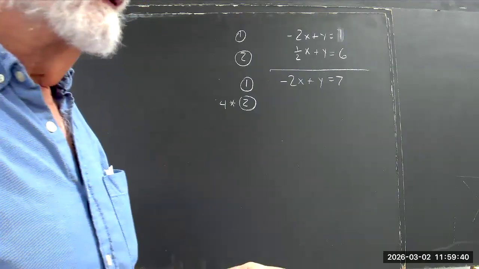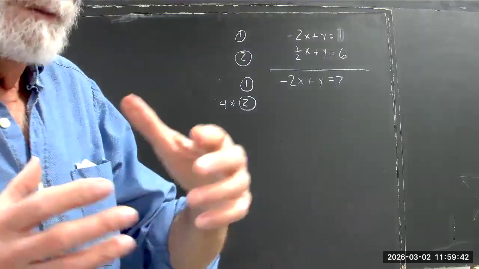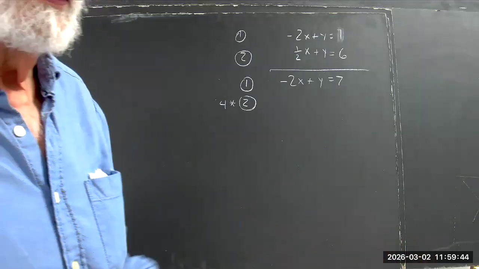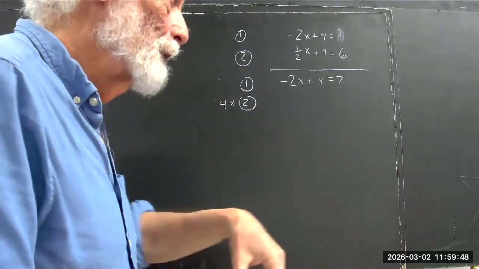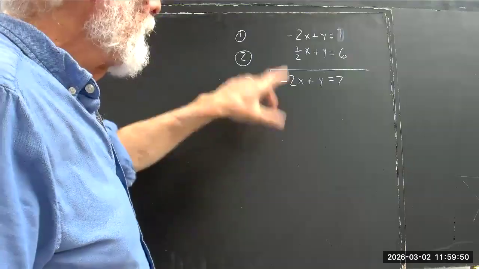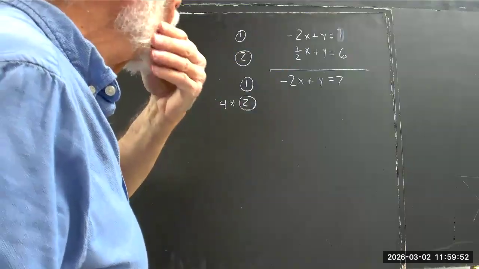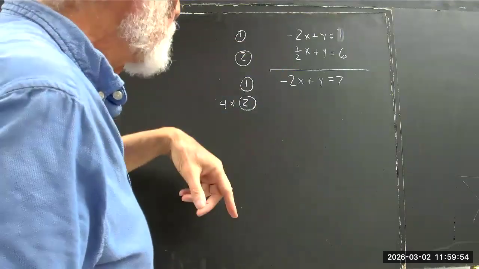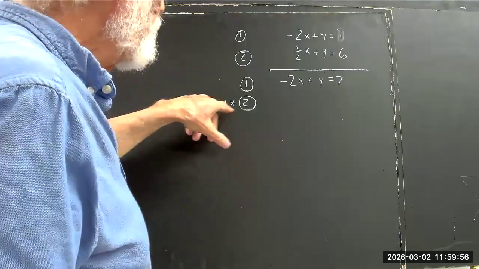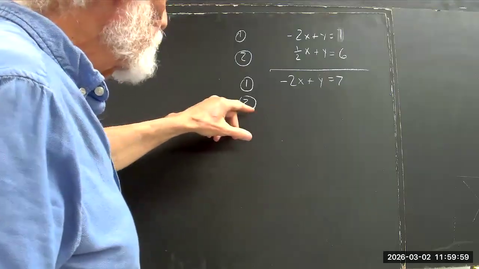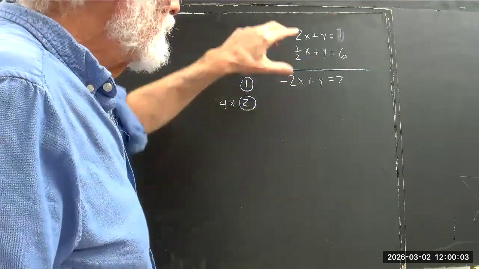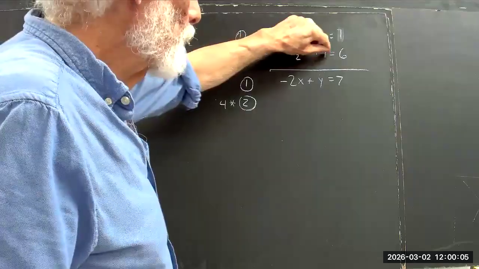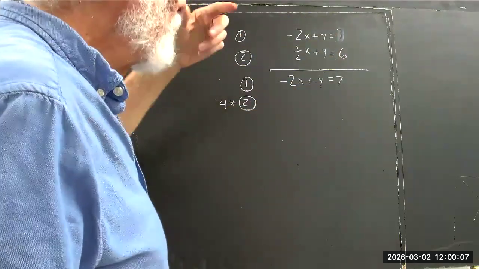We're going to get an equivalent equation because if the left side is equal to the right side, 4 times the left side is equal to 4 times the right side. Okay, so what I want you to do is write down just exactly what I've written down, and then in the line where it says 4 times circle 2, write out the equation you get if you multiply both sides of the second equation by 4.